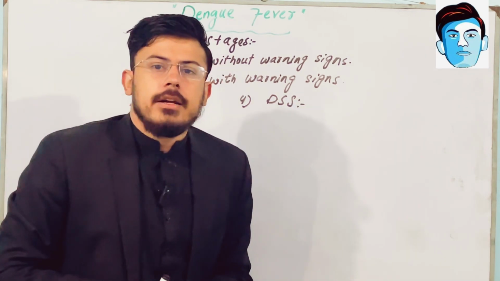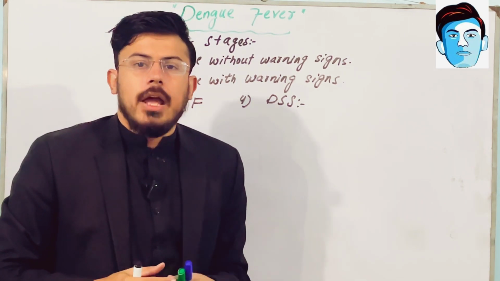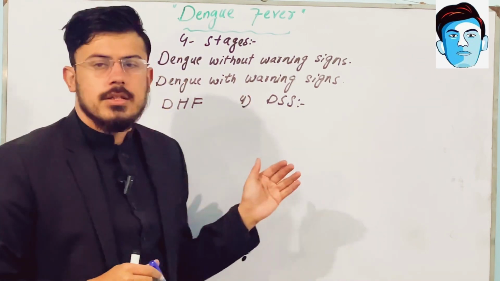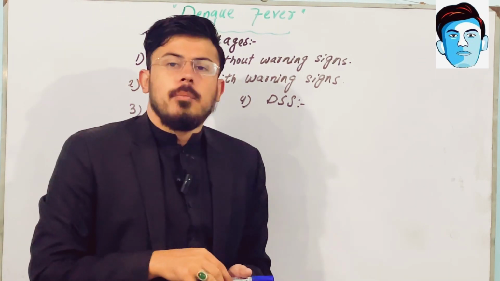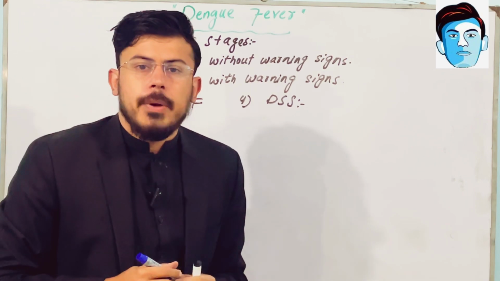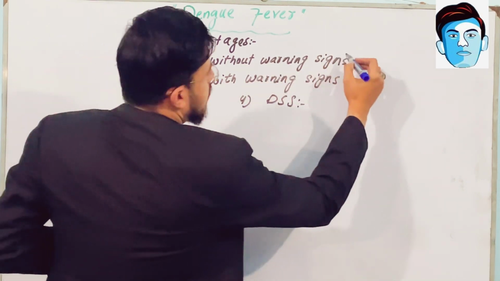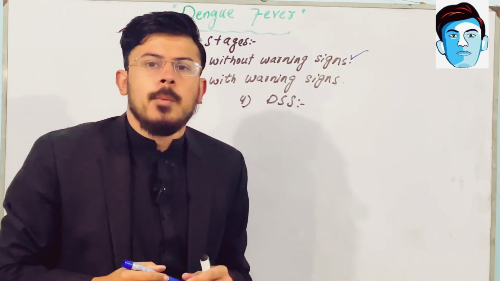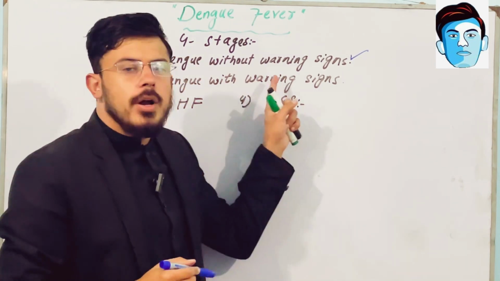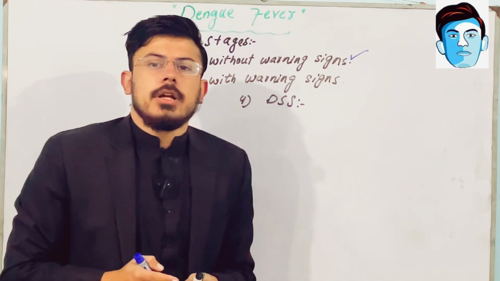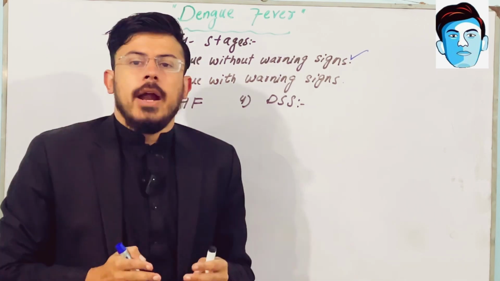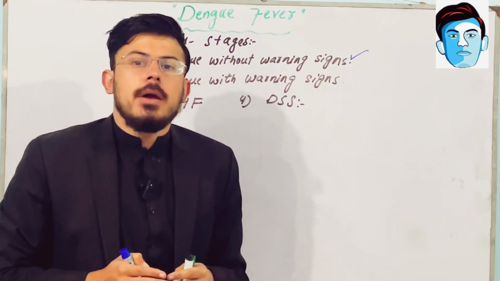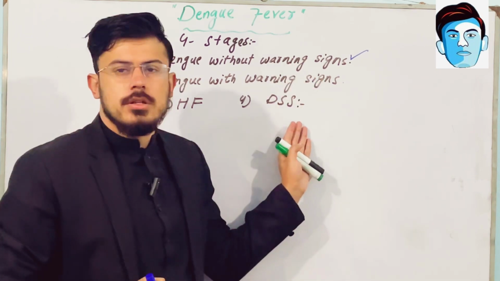But it is not like that every patient of dengue undergoes all these phases. Always keep in mind the majority of dengue fever patients fall in stage 1. But if the patient gets severely immunocompromised, the patient may progress from stage 1 to stage 4.